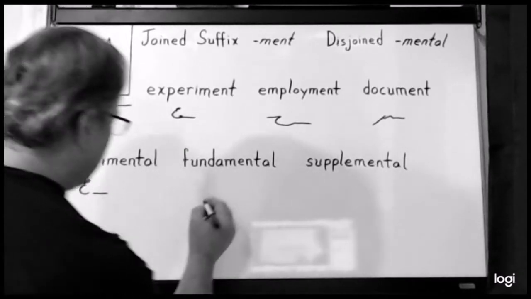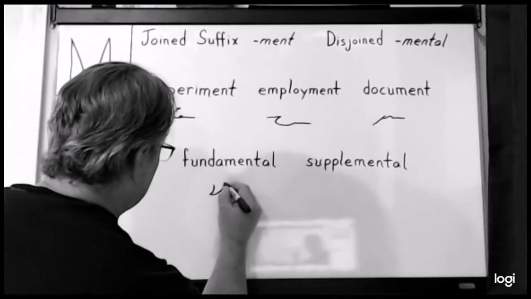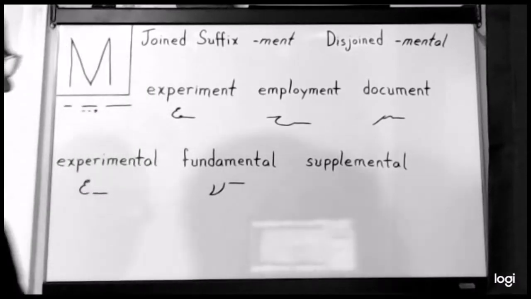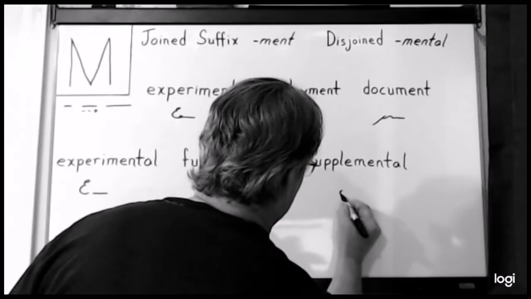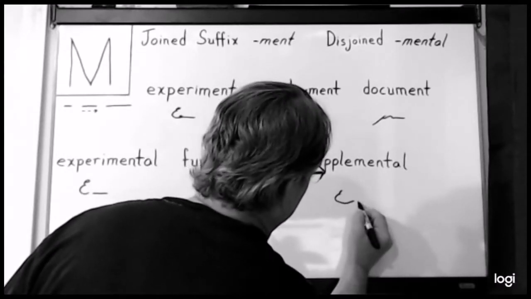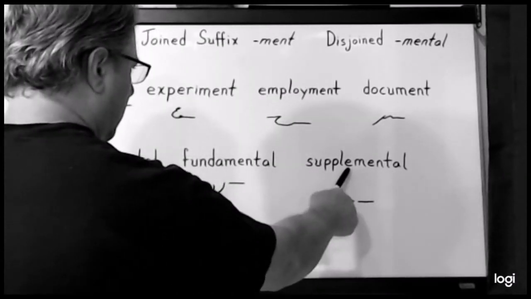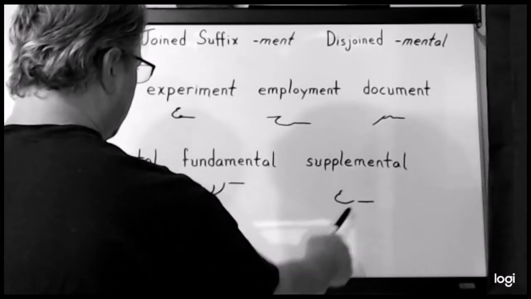And the word fundamental is just F-N-D and a separate M for mental. Supplemental is S-P-L and then the separated M for mental. And again, the non-stressed vowel here is understood and omitted.